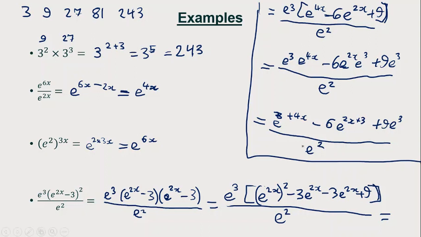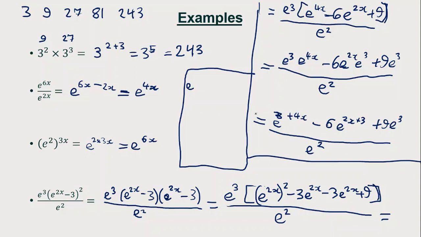And what the result will be, apologies for squeezing it in like this, but I'm kind of running out of space. What will happen now is that we need to bring this and divide every single term by e to the power of 2. So take 2 away from every index, in fact. So we will end up with e to the power of 3 plus 4x minus 2.